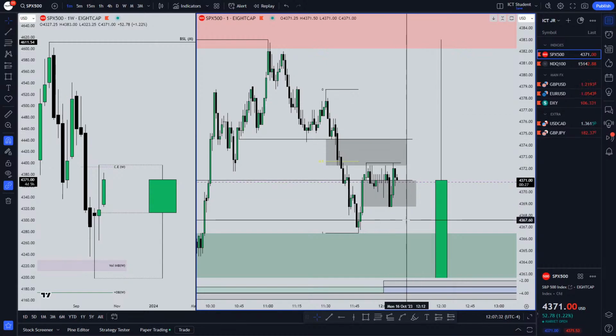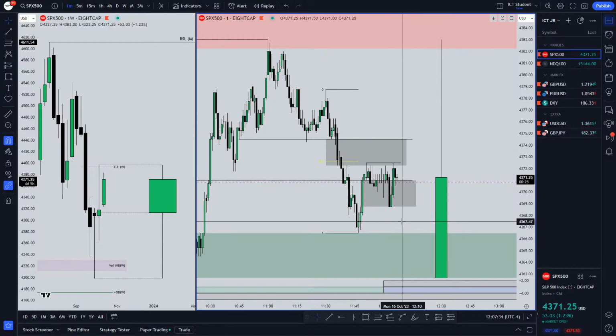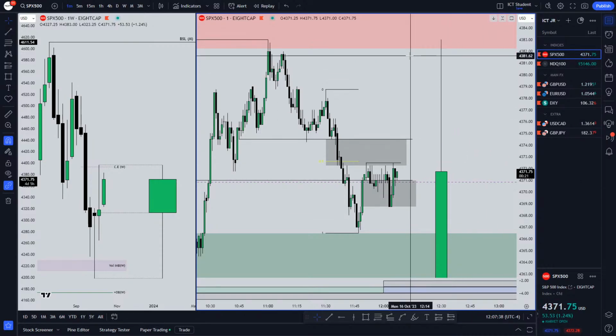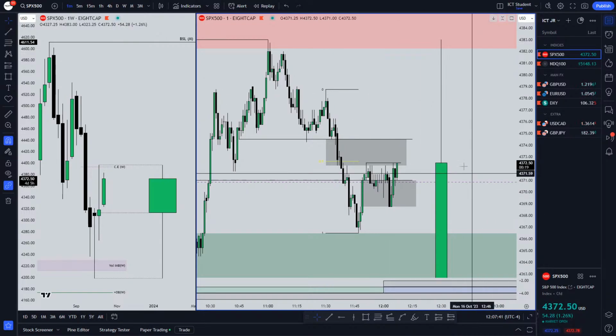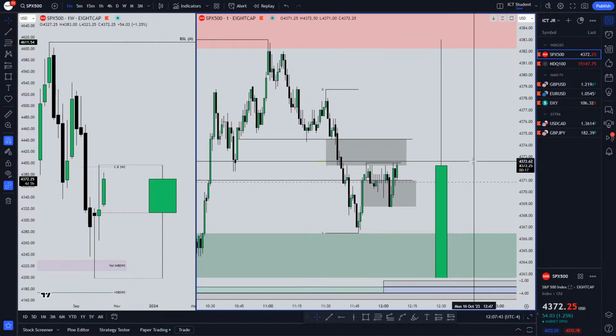This is more back and forth movement. We're gonna take out this premium. That's when I'm gonna have my crosshair on that premium. If we can't, then it's all cool, I'm not really gonna be too mad.